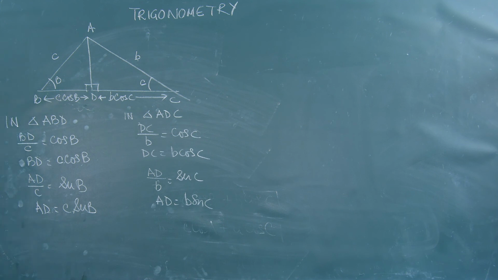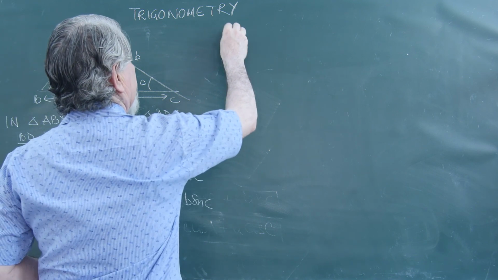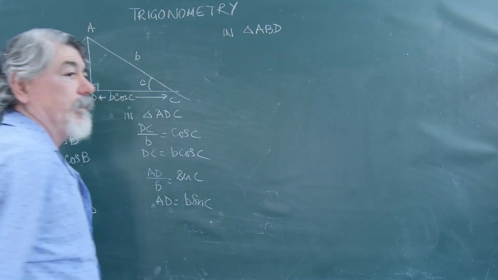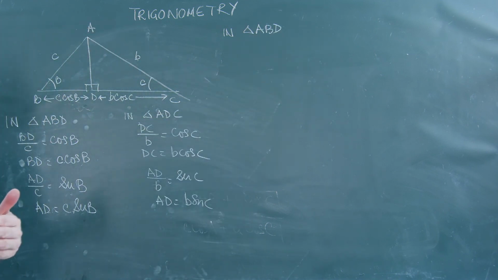Now let us take one of the triangles and see what we can write. In right angle triangle ABD, let us apply Pythagoras theorem.